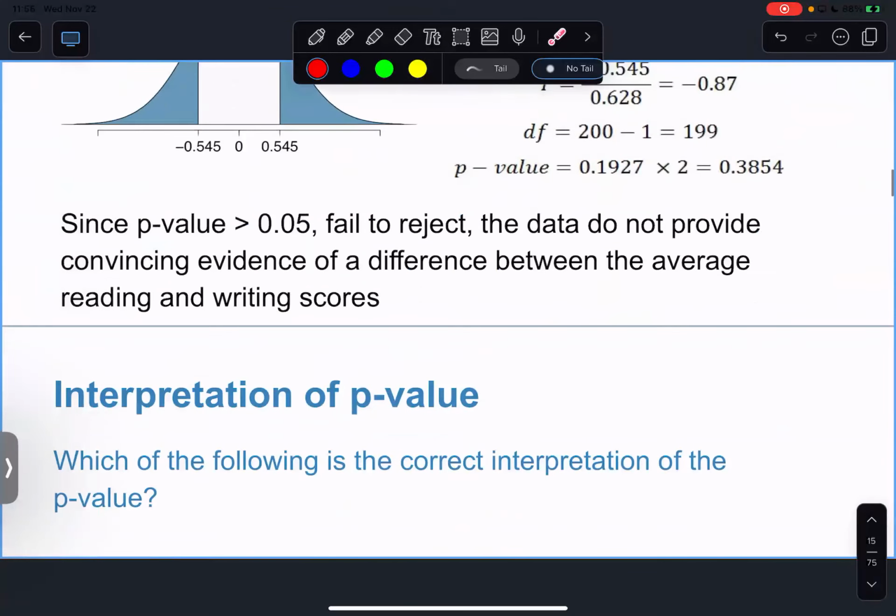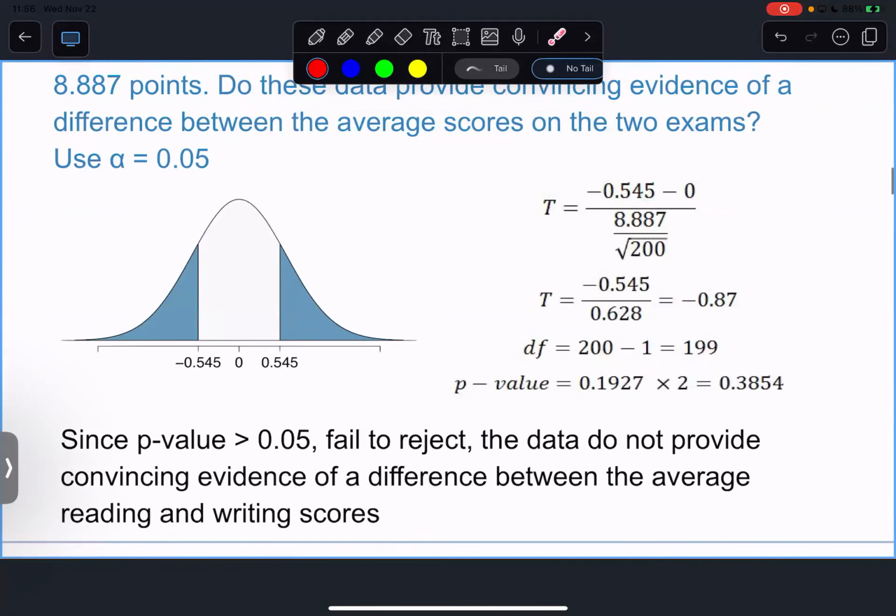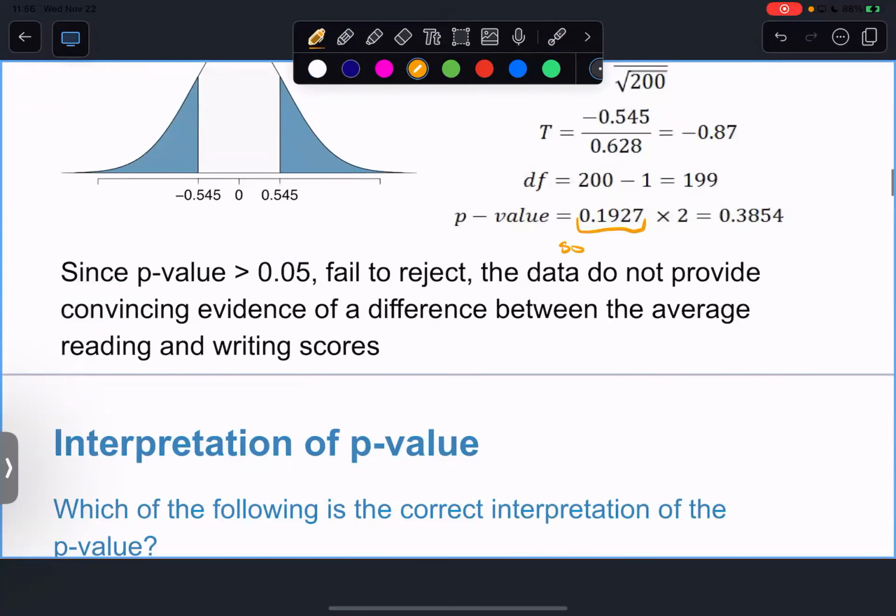Ta-da! Where are they getting that 0.1927 from? They're using software, I think. Okay. Yeah. So the 0.1927 is the one-sided p-value. So I think this is coming from software.